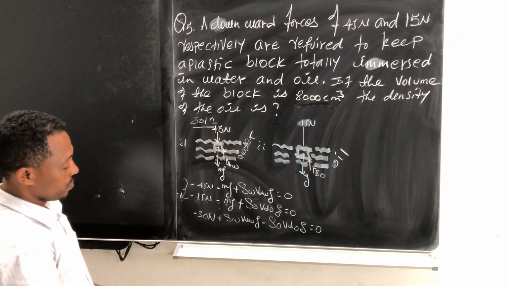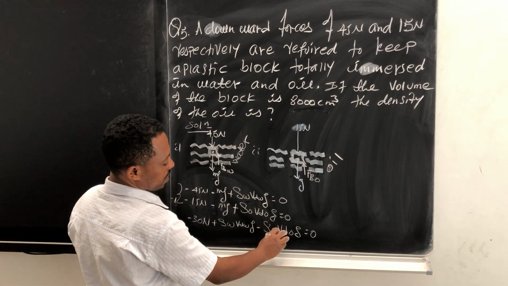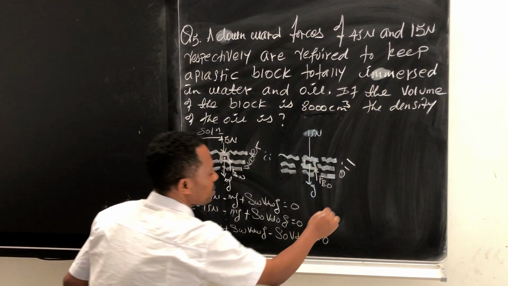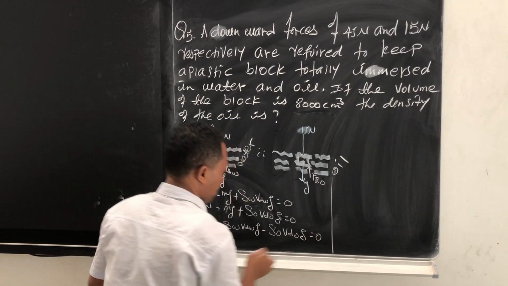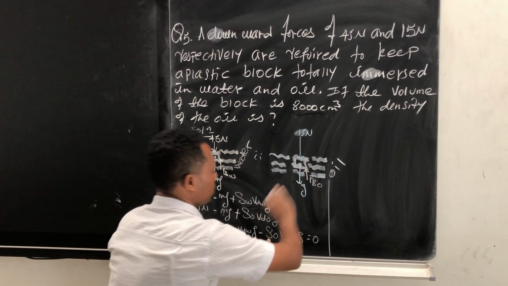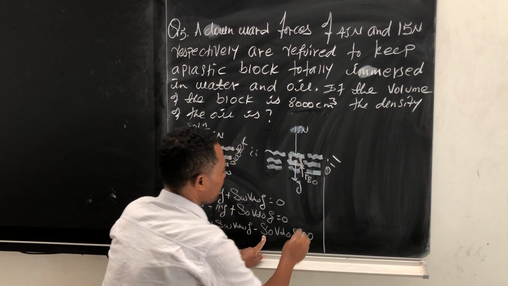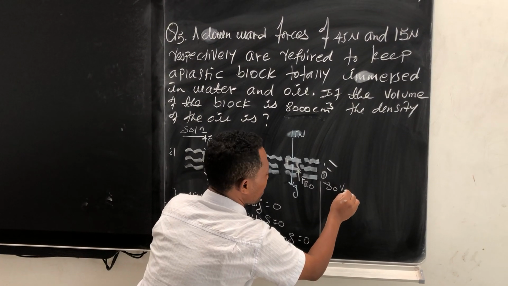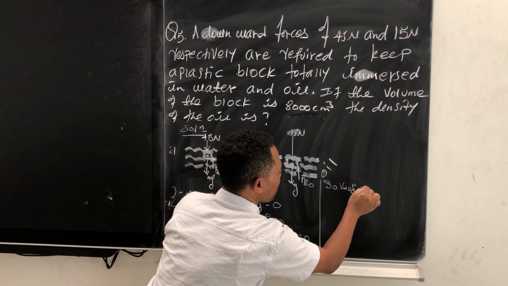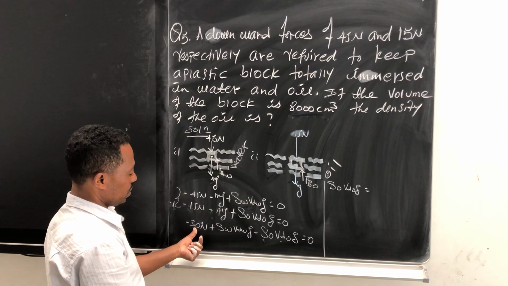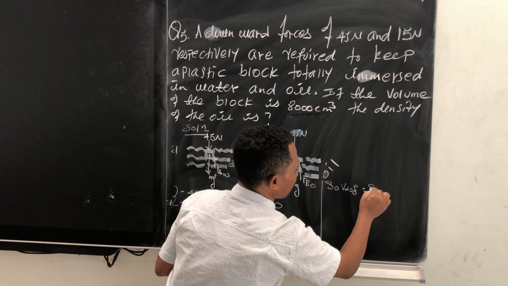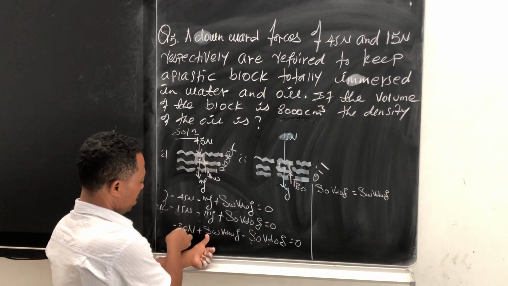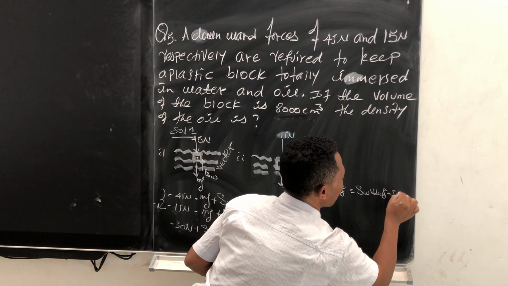Now what we have to do, just take this to the other side, and it becomes, look my dears, the density of the oil times the volume of the displaced oil times g equals the density of the water times the volume of the displaced water times g minus 30 Newton.